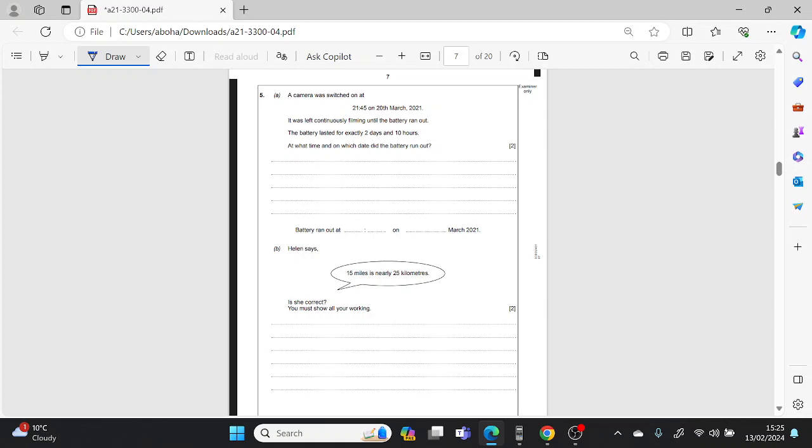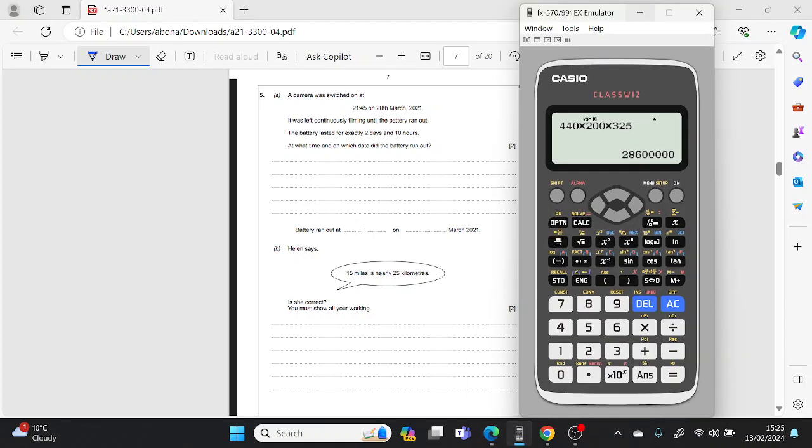a really good trick with this, I'm not sure if many of you are aware of this, but your calculator has a time function on it. So 21, 45. You push this button for the hours and again for the minutes. I'm now going to add on 10 hours, so plus 10 hours and 0 minutes. Okay.